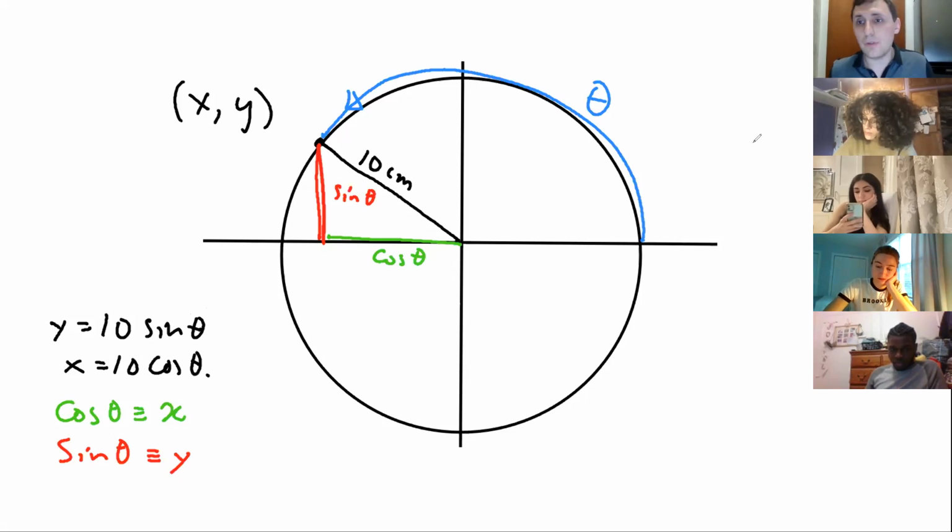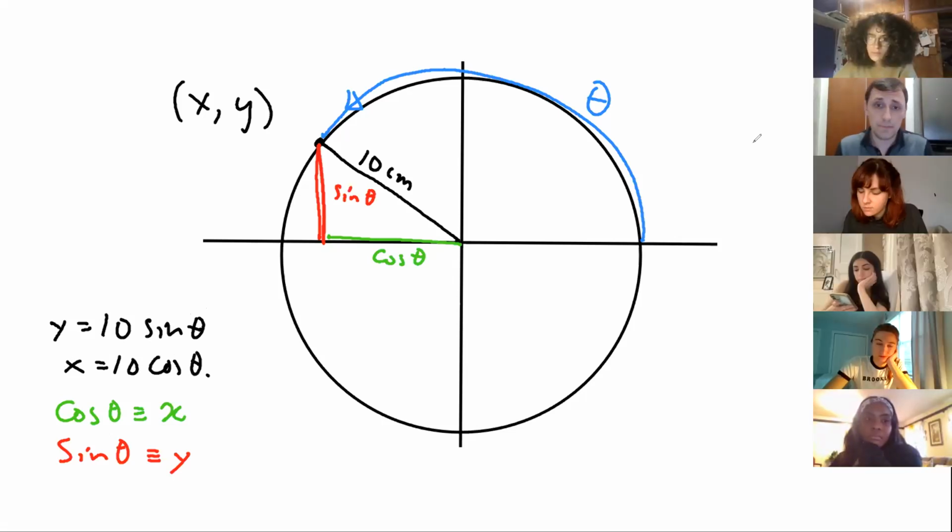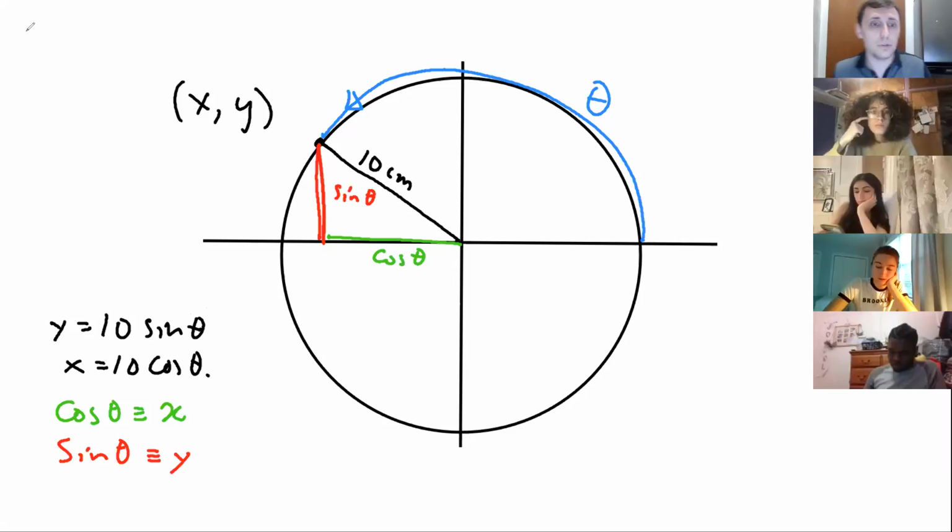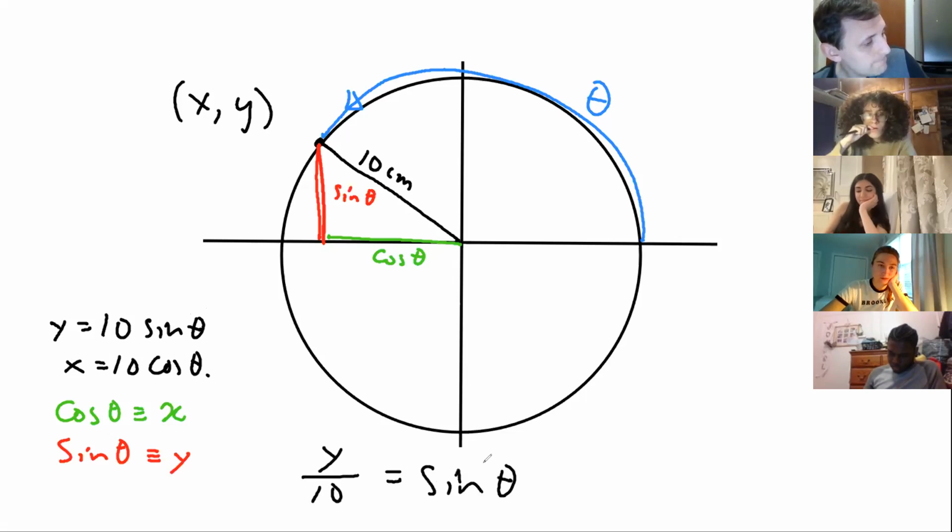Some of you might find my explanation very confusing. You think, isn't it simple? Sine is opposite over hypotenuse. Most people in high school are told to think this way: opposite over hypotenuse is equal to sine, and so y is equal to 10 sine of theta.